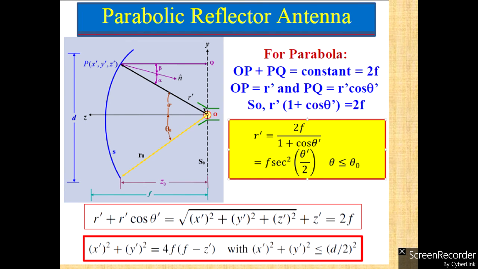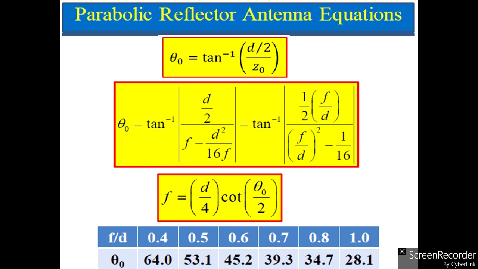So theta naught is the angle made from the focal point to this particular parabola, right? So this is how we have to design the parabolic reflector with these equations, right? So based upon the theta value, the value of the F by D ratio changes. So accordingly, we have to consider according to our requirements.